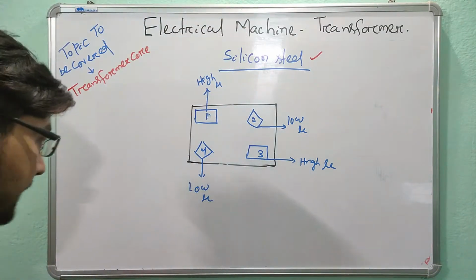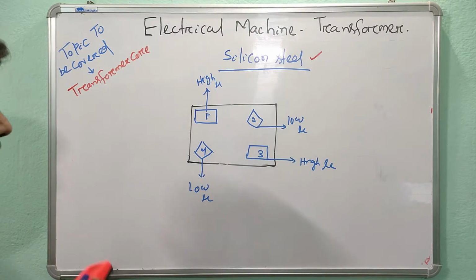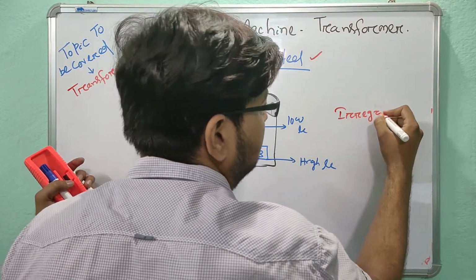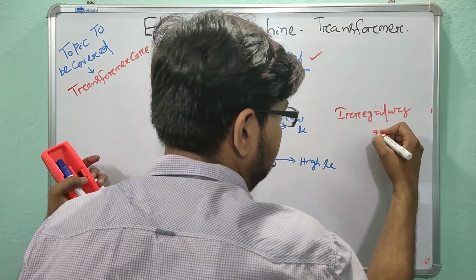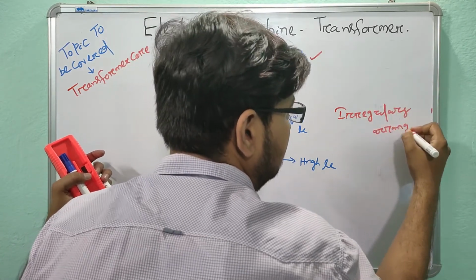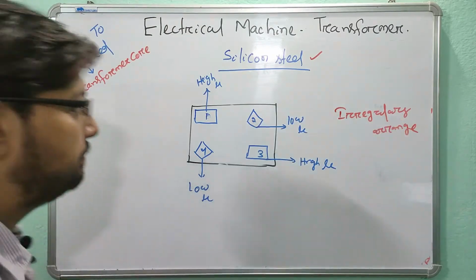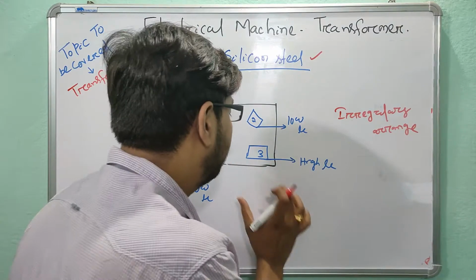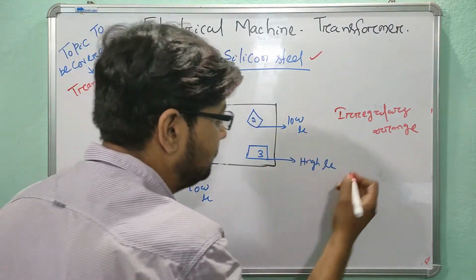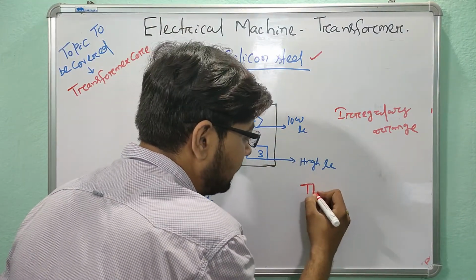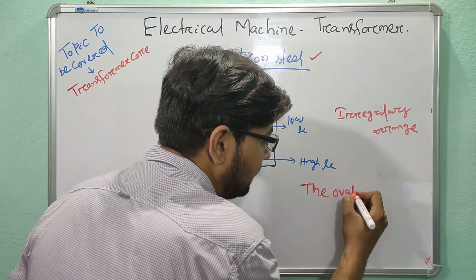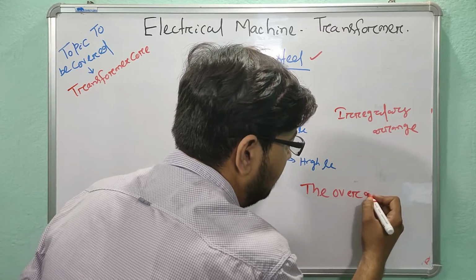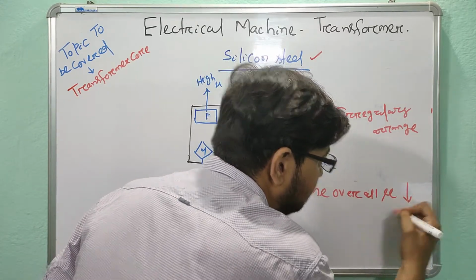The grains of the silicon steel are irregularly arranged. Due to this irregular arrangement, some grains offer high permeability and some grains offer low permeability, so the overall permeability is reduced.